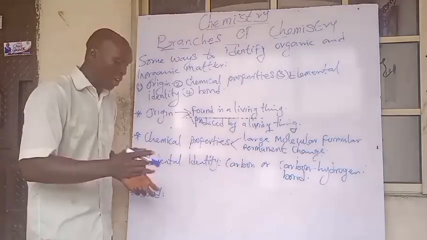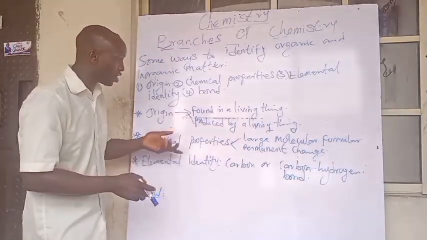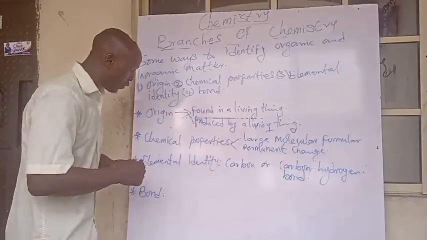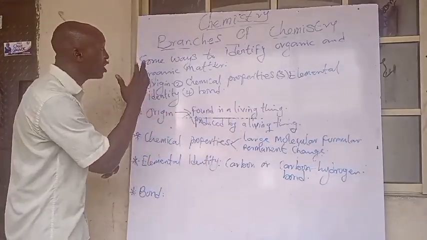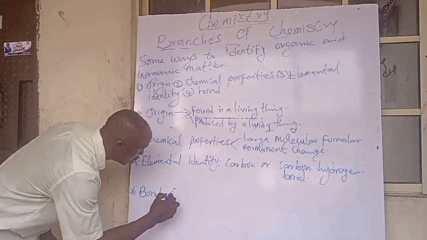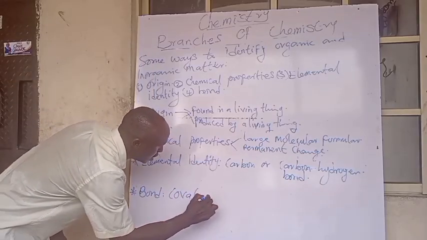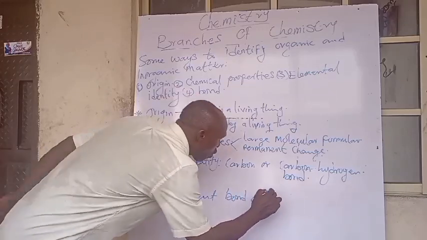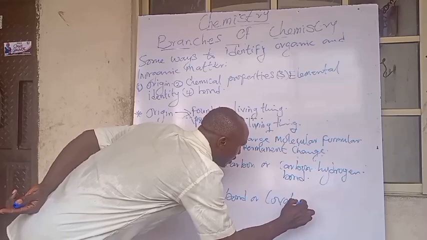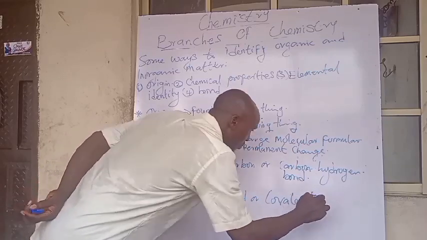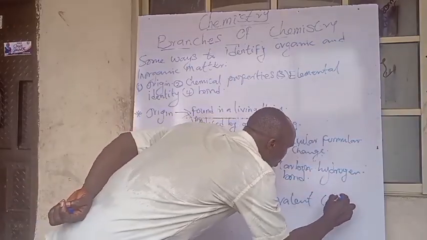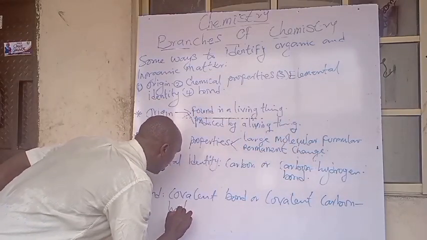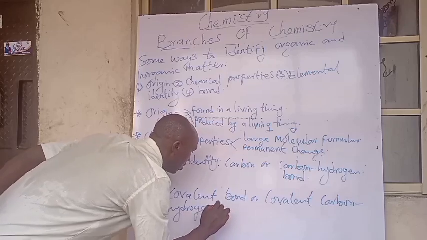So when you talk about the bond of an organic compound or an inorganic compound, for an organic compound, it must have a covalent bond, or covalent carbon-hydrogen bond.